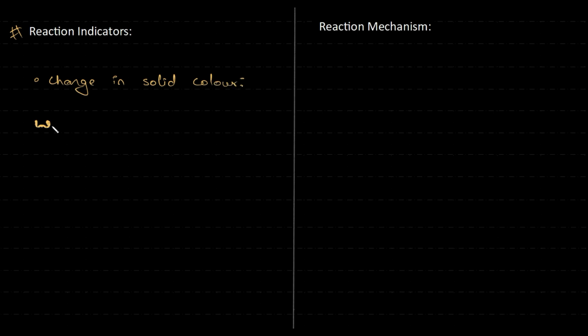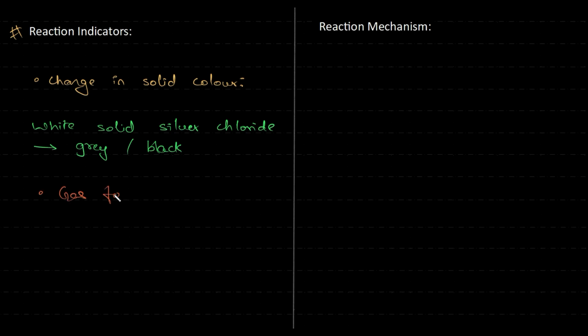So we are moving from white solid silver chloride, which gradually turns to gray or even black, right? These are the color changes. Then we have gas formation. So these are the major indicators. Okay, so this is the basic understanding.